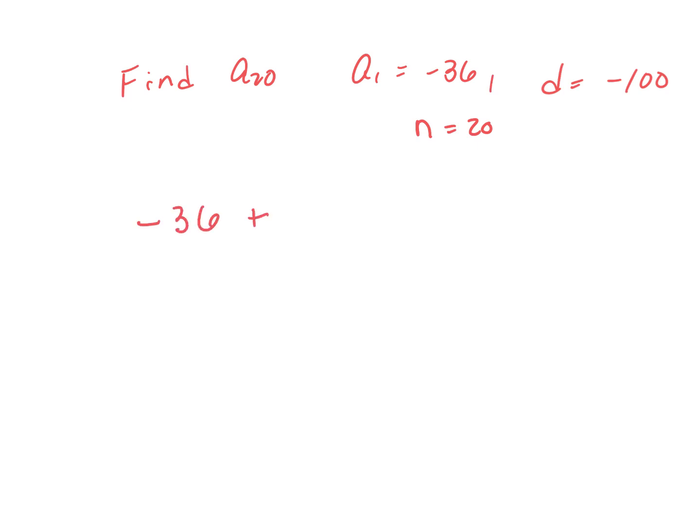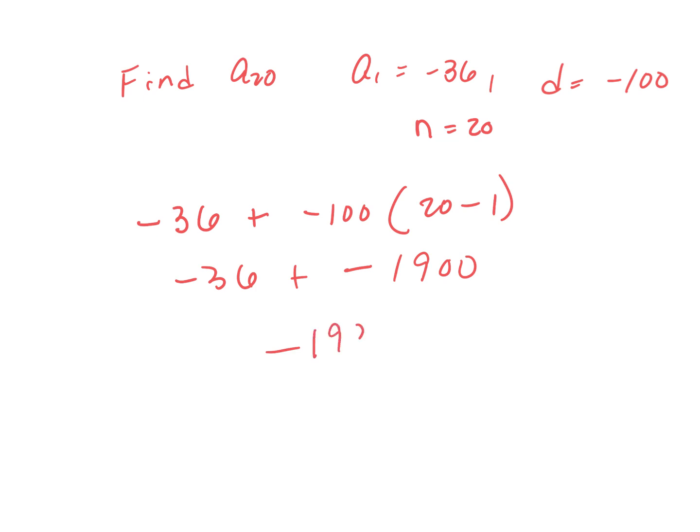A1 plus D times 20 minus 1, which would be -36 plus -1900, which is -1936. That was number 5.